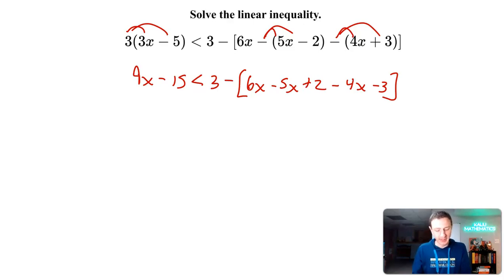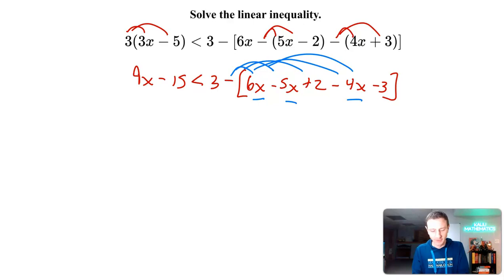From here, you could do two things. You could distribute the negative all the way through everything, or make it a little easier on yourself and combine like terms inside the bracket. So I have the 6x minus 5x minus the 4x, and then I also have 2 minus 3. So I'll have 9x minus 15 less than 3.